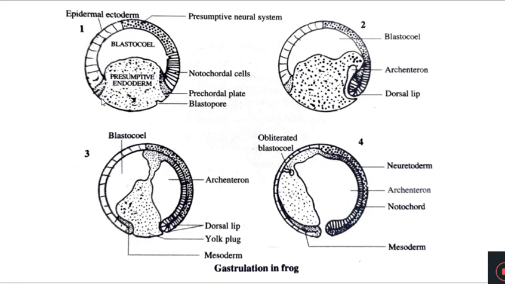But now, once the invagination and involution processes are going on, the ectoderm will spread over the surface of the embryo, and finally you can see that the outer region is now occupied by the ectoderm, whereas the notochordal material, mesoderm and endoderm have all moved inside and the blastocele has obliterated.